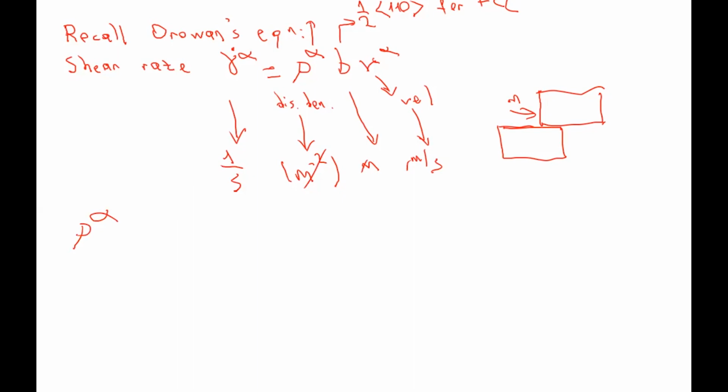And instead of calculating the dislocation density, I want to calculate the derivative of dislocation density. So this dot represents the derivative with respect to time, because the dislocation density changes with respect to time.